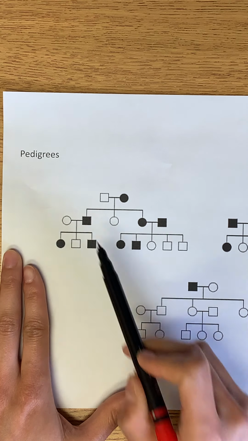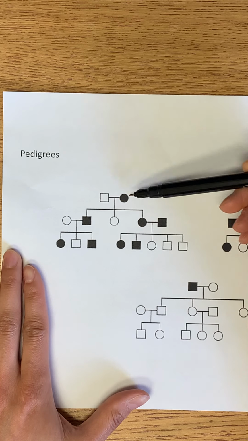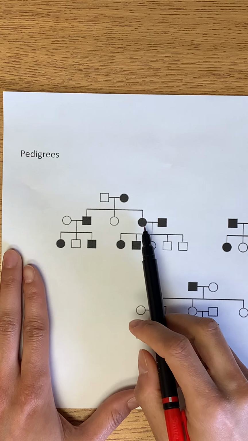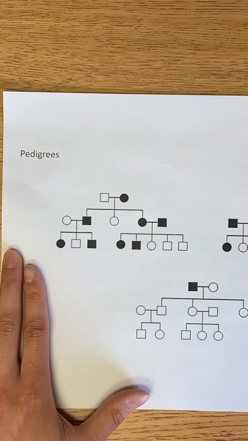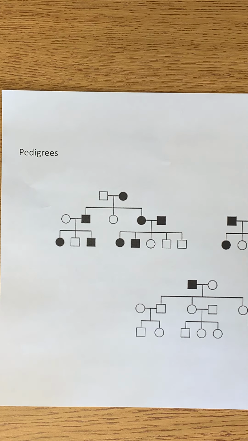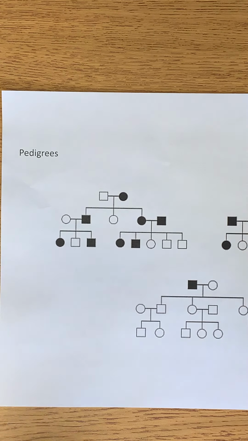If we look up at the parents, we see dad is unaffected, but mom is affected. So already in my mind, I'm going, okay, we have some affected kids and an affected mom. Now I'm thinking maybe we're dealing with a dominant disorder. That's how you decide if something is going to be dominant or recessive: look to see how often the disorder is appearing in each generation.